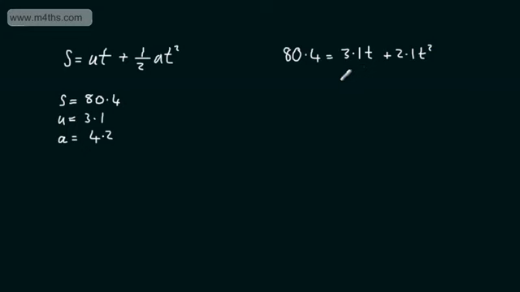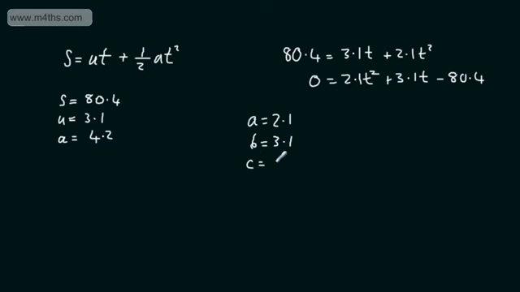Rearranging the quadratic into the form at squared plus bt plus c, I'll set this side to 0, and we've got 2.1t squared plus 3.1t minus 80.4. Quite clearly, completing the square here is going to be a nightmare. So all I'm going to do is plug these values in. Our a value is positive 2.1, our b value is 3.1, and our c value is minus 80.4.